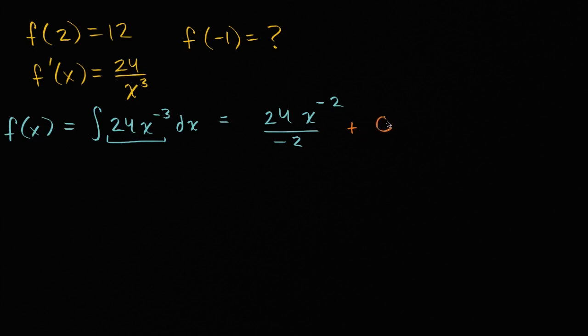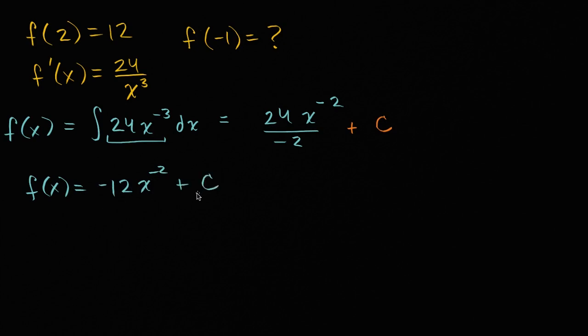So you don't see it when you look at the derivative. So we have to make sure that there might be a constant. And I have a feeling based on the information that they've given us, we're going to make use of that constant. So let me rewrite f of x. So we know that f of x can be expressed as 24 divided by negative 2. It's negative 12x to the negative 2 plus some constant.